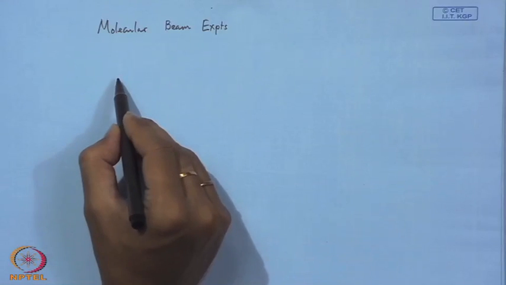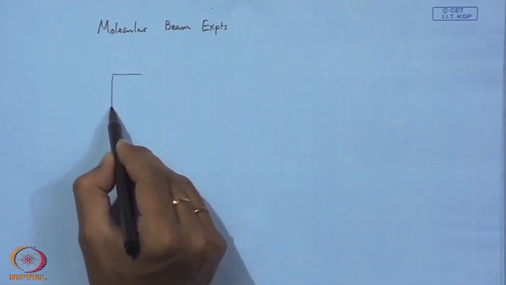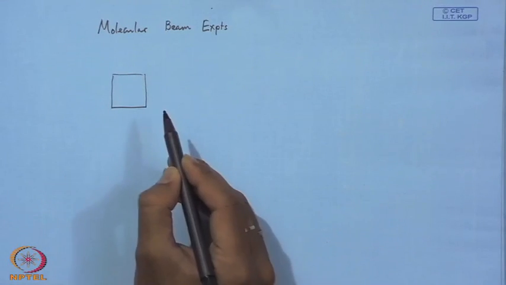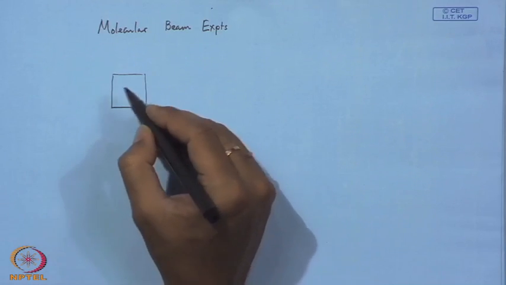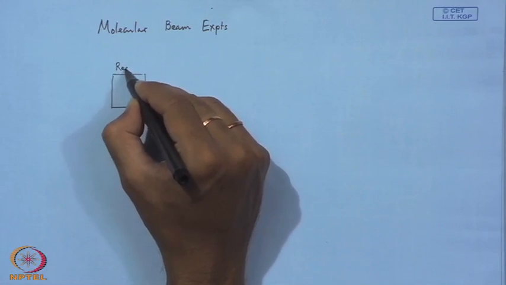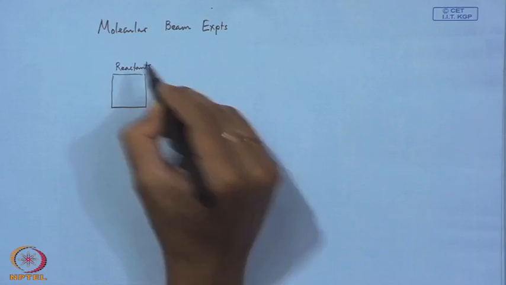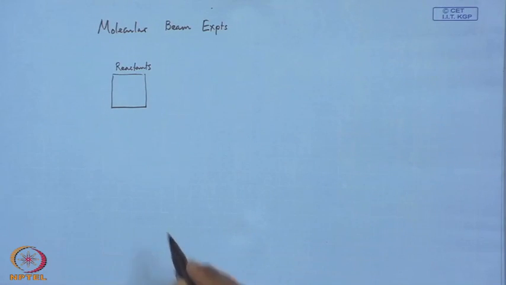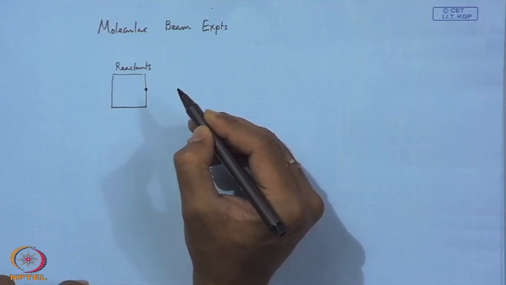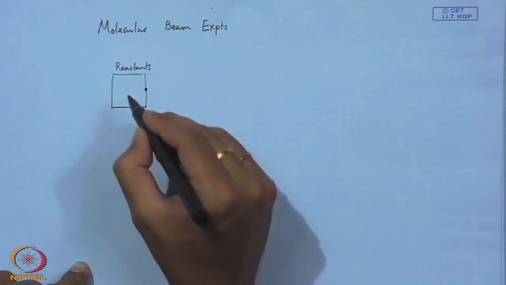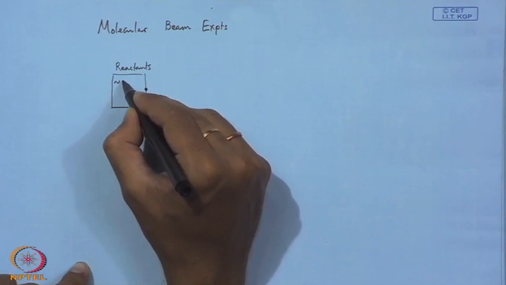You have a container in which gaseous reactants are present, with a small orifice, at a pressure of the order of several torr, maybe 10 torr.